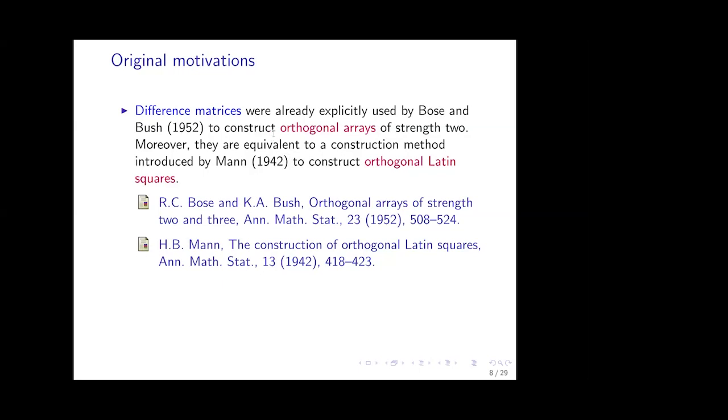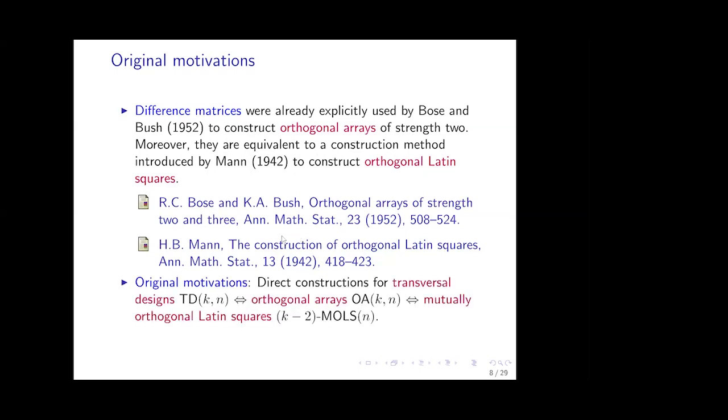They used this concept to construct orthogonal arrays of strength 2. Actually, orthogonal arrays are equivalent to some concepts on Latin squares, especially orthogonal Latin squares. So actually, the concept of difference matrices can be found in Mann's work in the 1940s.